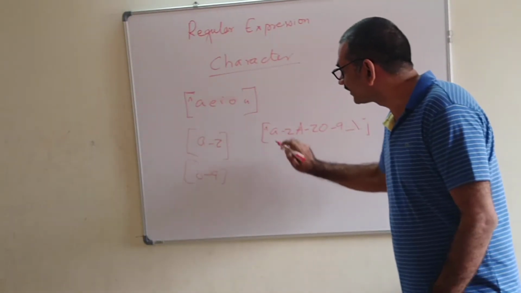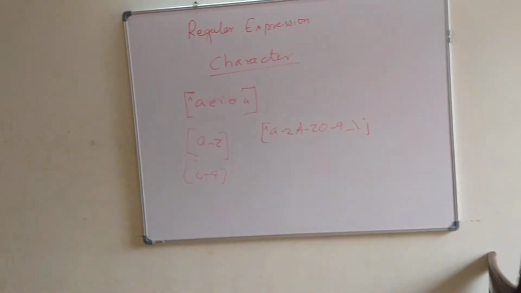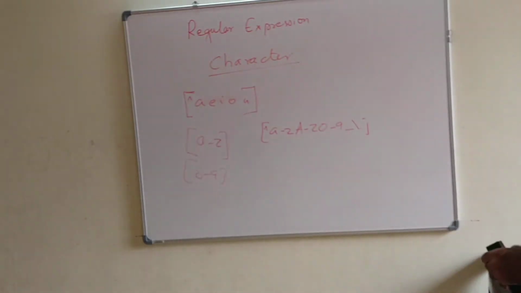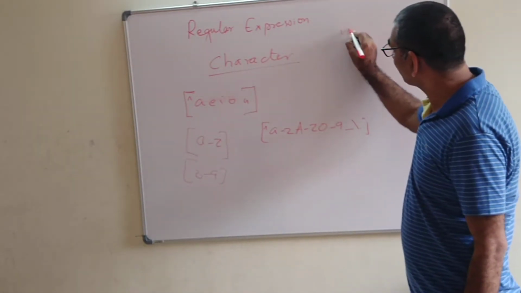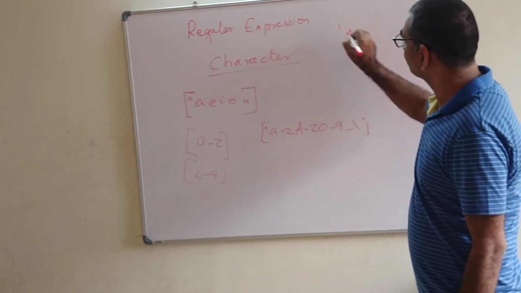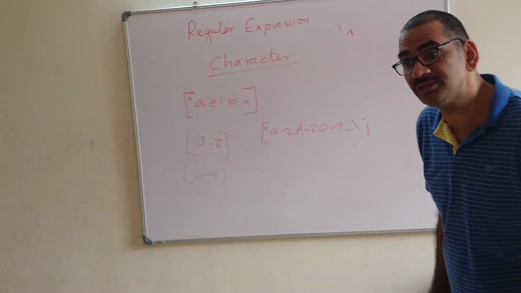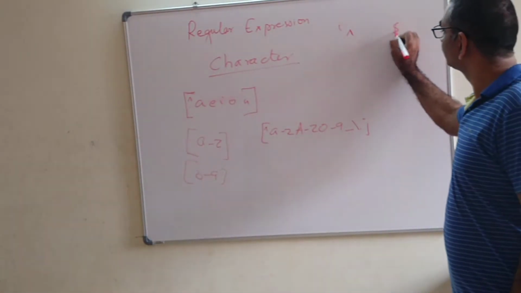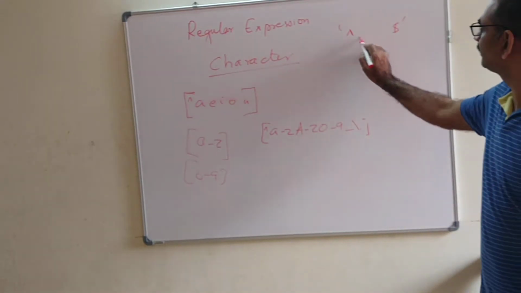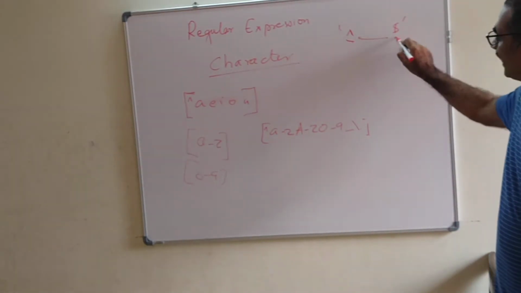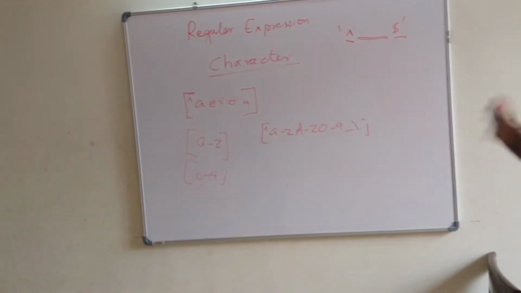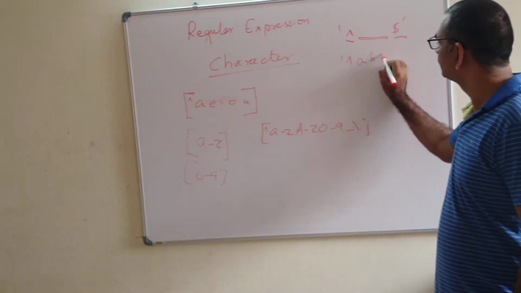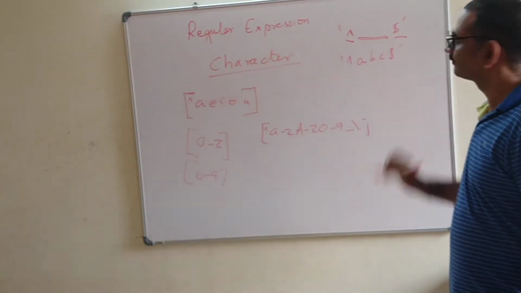But at the same time, if you specify a caret in the beginning of the regular expression, then it means the start of the string. And dollar means the end of the string. So the string starts with this, ends with this, and anything in between, whatever you want to specify.